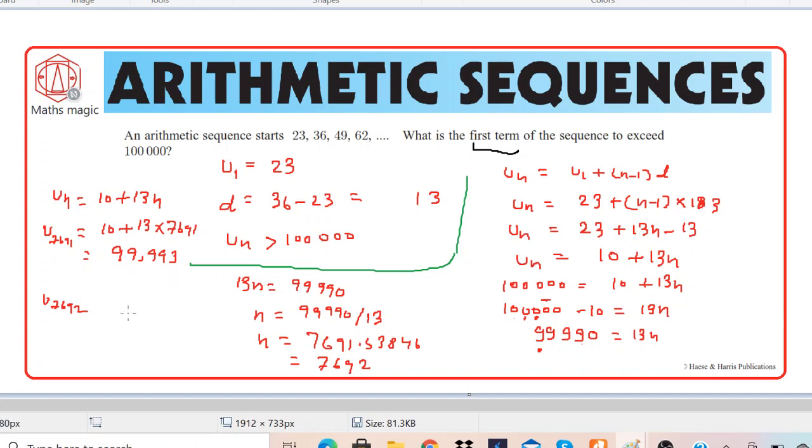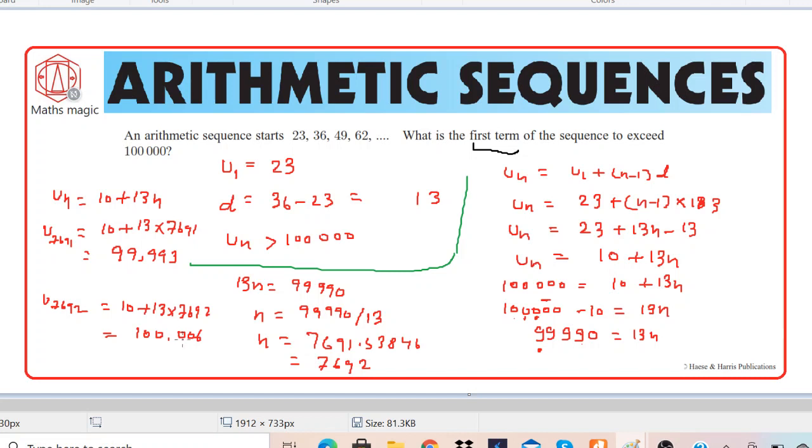So if you do 7692 into 13 and then plus 10, it's going to be 100,006, which is the immediate value greater than 100,000 in this sequence.